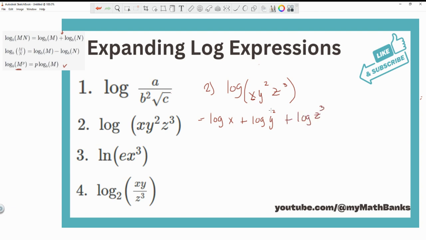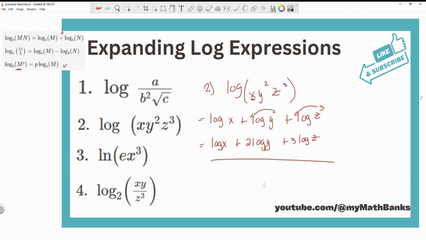Okay, and then lastly, we get rid of the exponent. So this is just going to be log x. This 2 will go in front of your log, plus 2 log of y, and that 3 will go in front of your log, plus 3 log of z. So that's the fully expanded number 2.